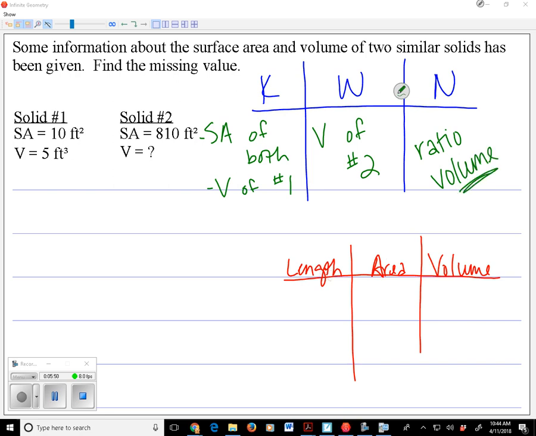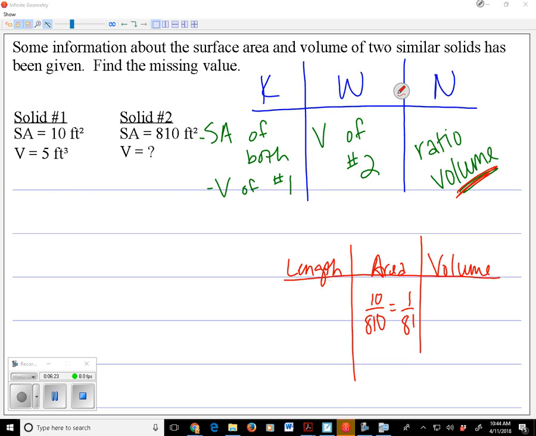We know the surface areas of the solids, so that's the ratio that we know. I'm going to do solid 1 to solid 2, so that's going to be 10 to 810. When that reduces, that becomes a 1 to 81 ratio. All right, I hope I'm sounding like a broken record now. If I want to find the ratio of the volume, how do I go about doing that?